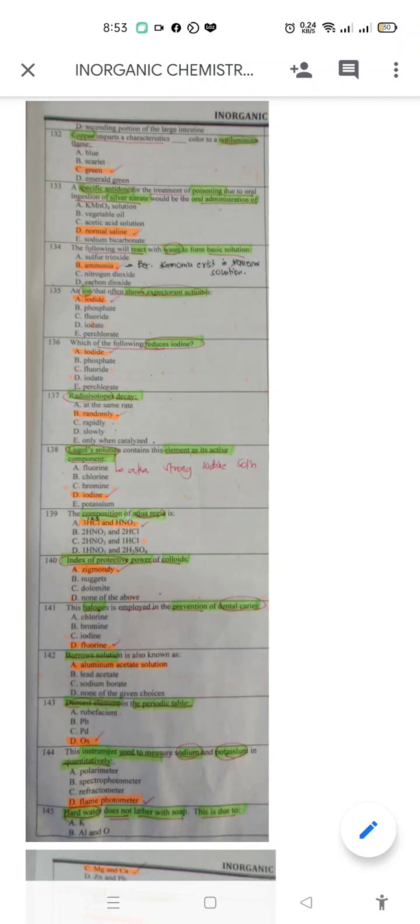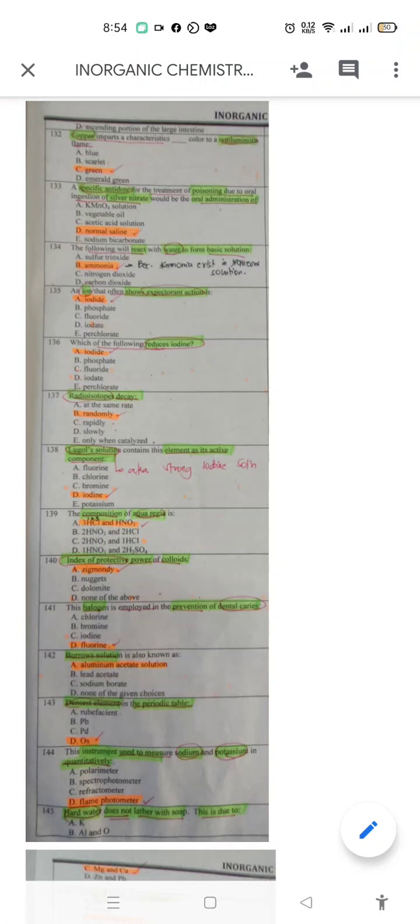Number 139, the composition of aqua regia is letter A, 3 molecules of hydrogen chloride and your nitric acid. Hydrochloric acid and nitric acid.